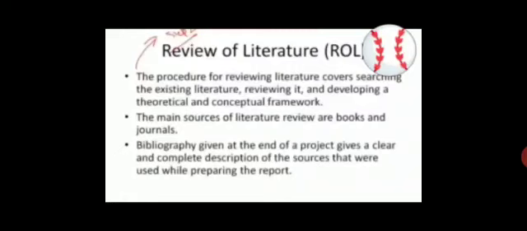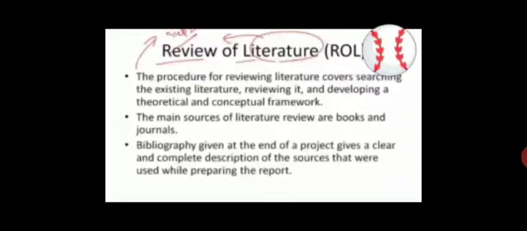Literature review is actually the review of already existing literature to identify the gap in research. Literature is actually the reported studies, the research which is already done, and the researcher reviews the literature which is already written or the research which is already done, so that he can conduct his research in a better way.